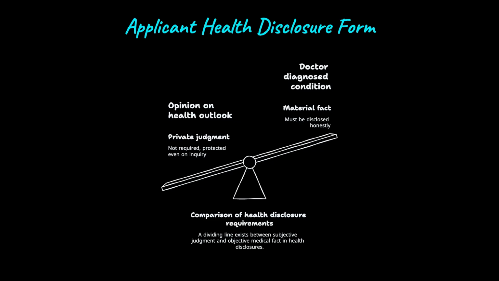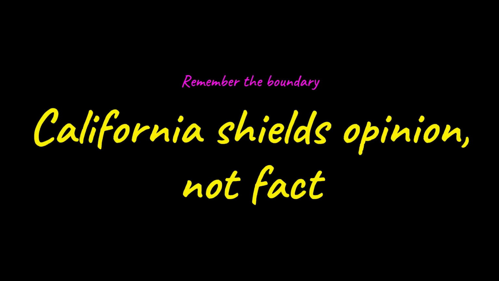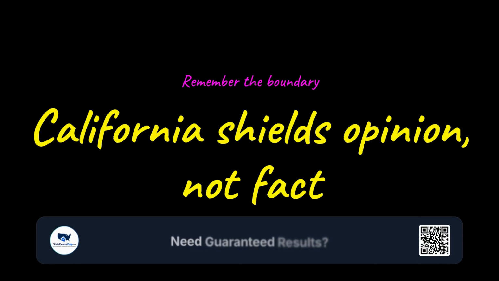That private opinion is judgment and stays protected. But if the same form asks whether a doctor diagnosed a specific condition, that's a fact, and it must be answered honestly. A known material fact, a change in health, a directly inquired about fact, or other coverage are all disclosable. Only information of one's own judgment escapes the duty, even on inquiry.